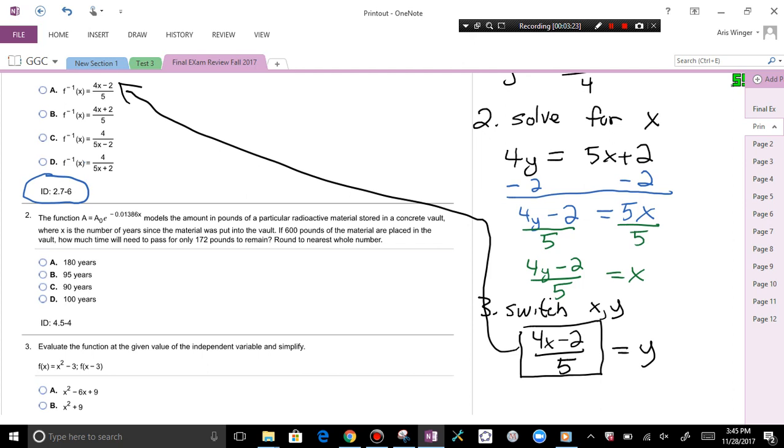If you go to the study plan, you will find that problem.